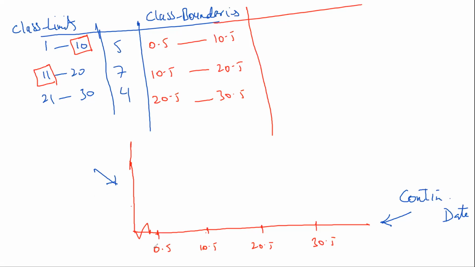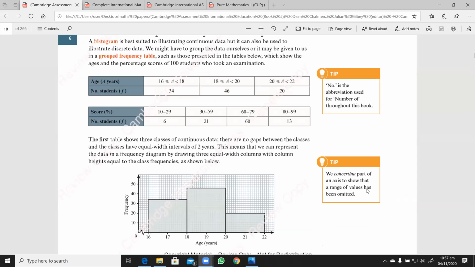Let me take you back to that page where we were discussing that. Where did that go? I was writing something on this page. Where is all that working that I did here?